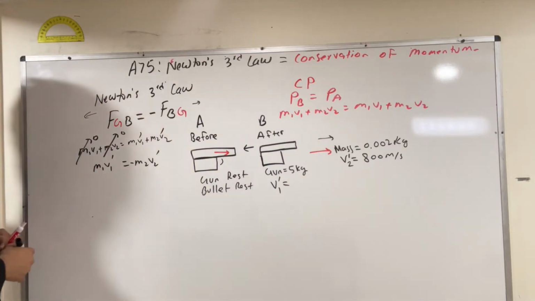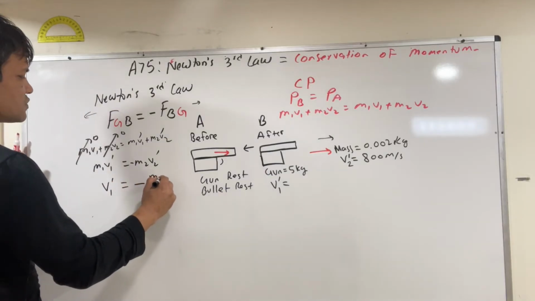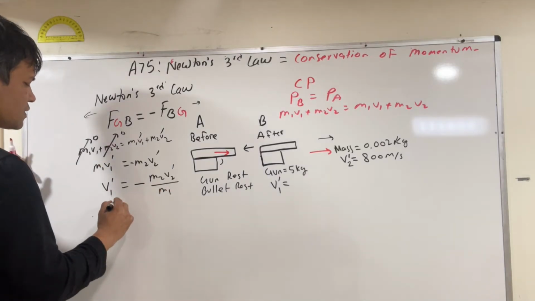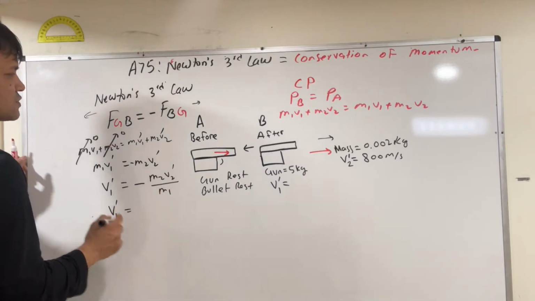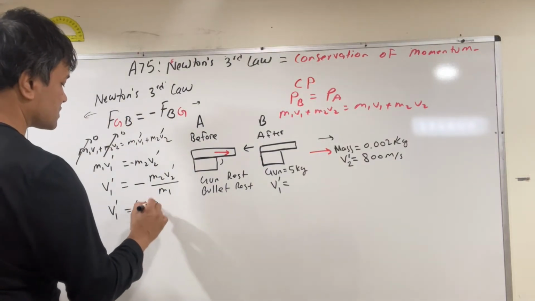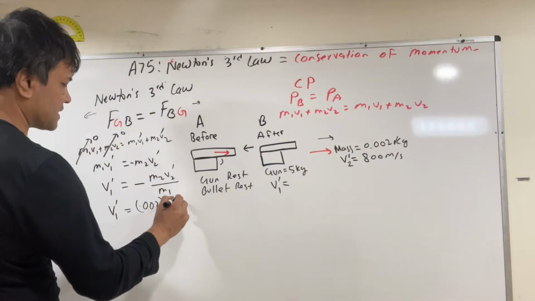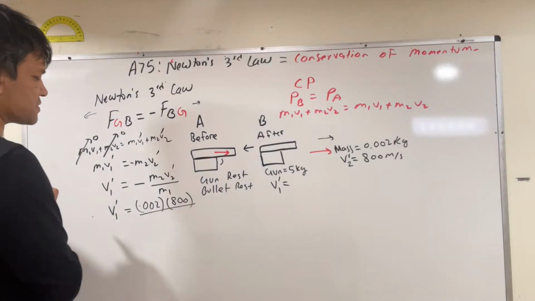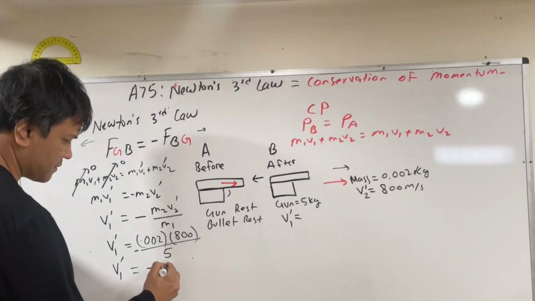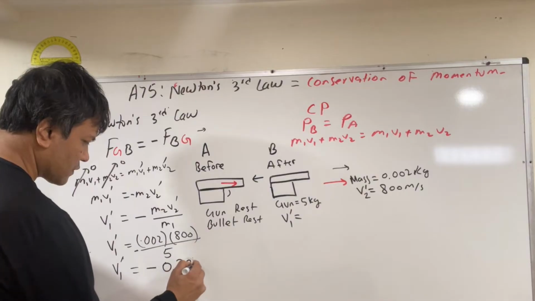So what are we trying to find? We're trying to find v1', which is negative m2 v2' over, of course, m1. So v1' is equal to negative 0.002, a very small mass, times the velocity of the bullet, 800, over the mass of the gun, which is 5. Okay, good. That gives negative 0.32 meters per second.